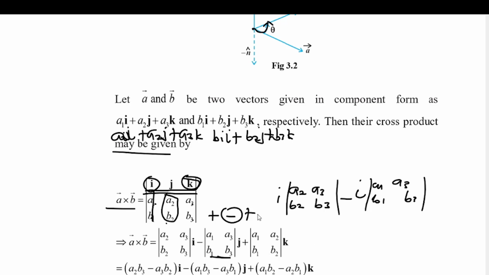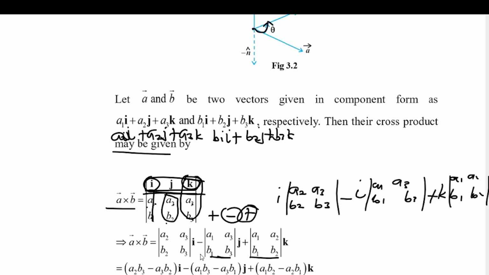Then the next one is plus k. We delete all entries beneath k and to the right of k, then we will have A1, A2, B1, B2. Exactly that is what we have.